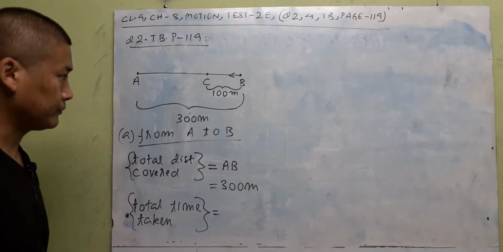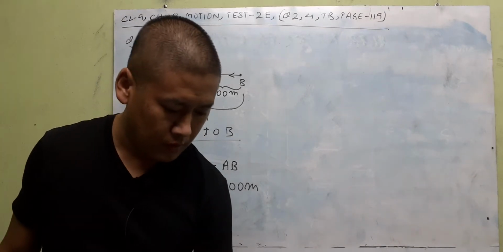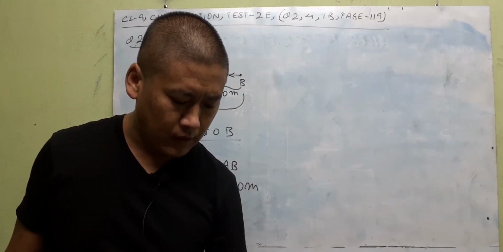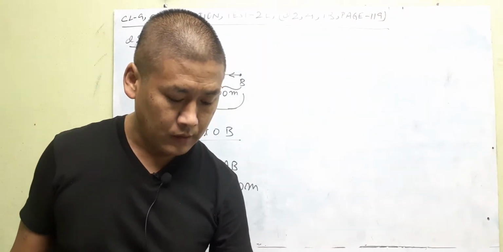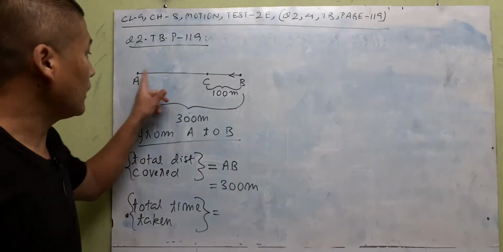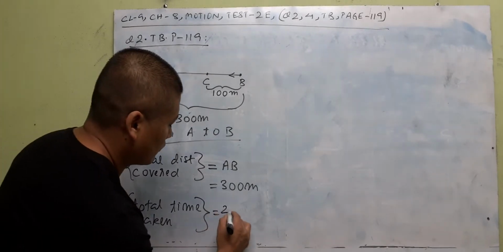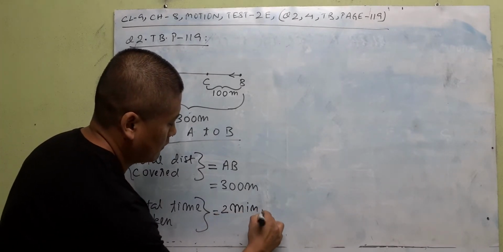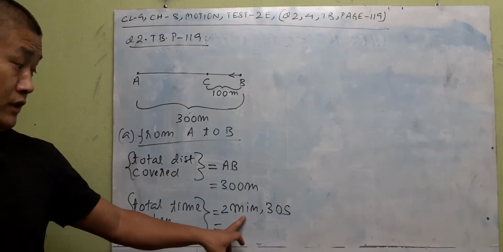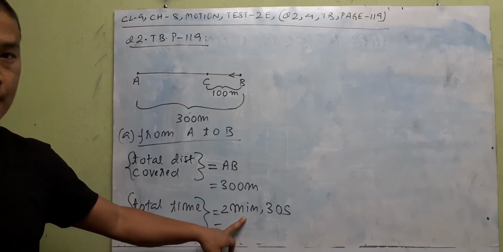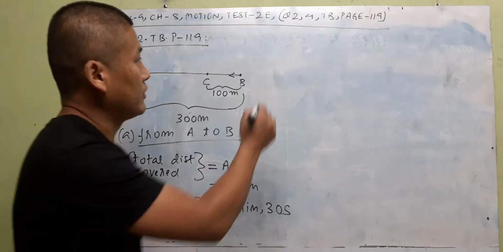will be equal to, let's go back to the question. Joseph jogs from one end A to the other end B on a straight 300-meter road in 2 minutes 30 seconds. So for him to go from A to B, he took 2 minutes 30 seconds, very clearly given to us, right? Now we need to change this minute to the second, which is the SI unit, because we're going to use SI unit primarily, right?